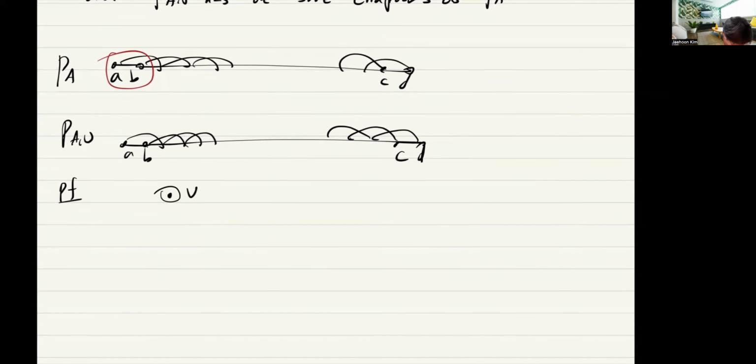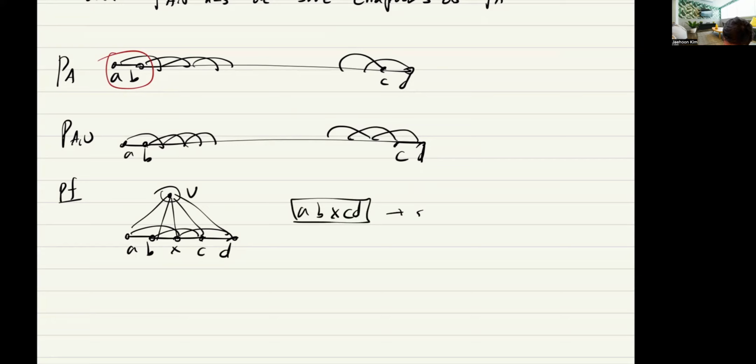Let's say you have a vertex B, and you have 5 vertices A, B, C, D, E. Now let's say A, B, X, C, D. If X is adjacent to all of them, then A, B, C, D itself is a square path, as well as A, B, X, C, D is also a square path.